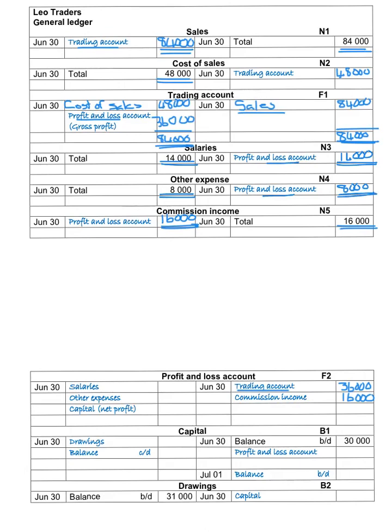So salaries is 14,000, the other expenses 8,000, and if I add up the credit side, I will get 52,000 on the credit side. That means the total on the debit side must also be 52,000, and then I will subtract the amounts on the debit side, giving me the balancing figure as 30,000.